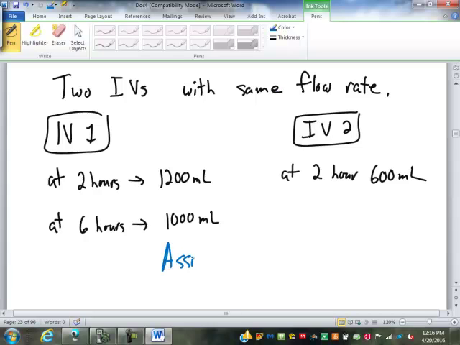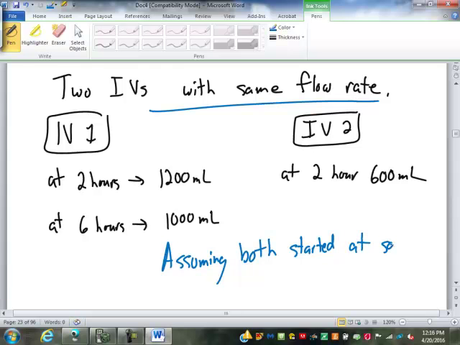Assuming both have the same flow rate, as we stated up ahead, and both started at the same time. How long has IV2 been flowing?